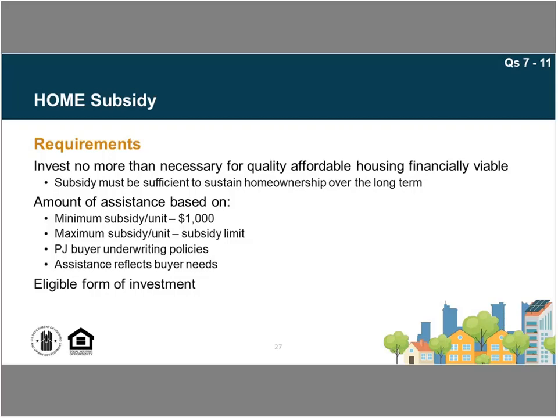Most homebuyer programs, especially most down payment assistance programs, never come close to that limit because it's in the six-figure range. But you need to know what that limit is and make certain that you are within that range.